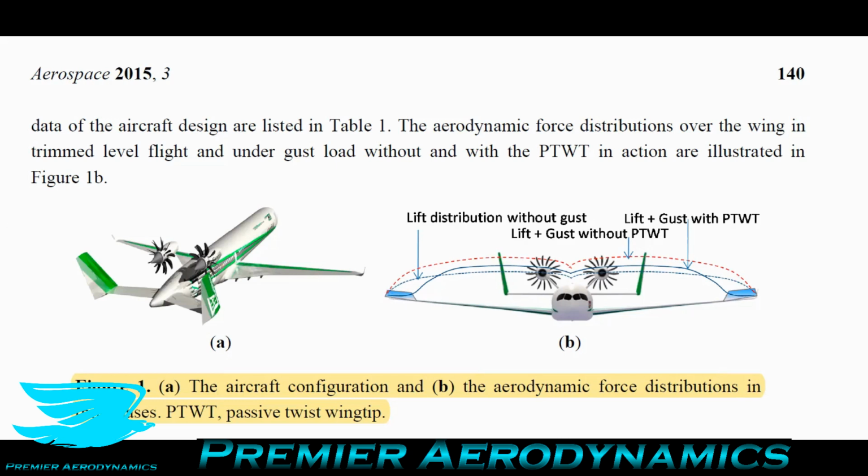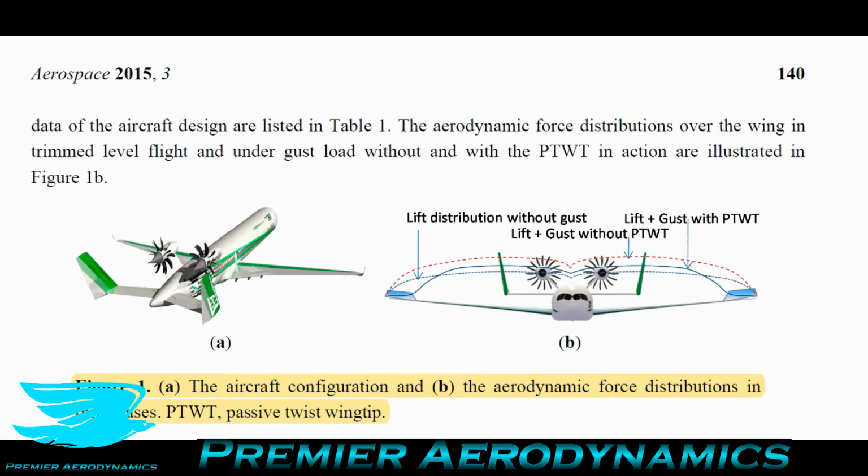And if you aren't aware of what induced drag is, it's drag produced because of the pressure difference between the bottom surface, usually the pressure surface, and the top surface, the suction surface. So air bleeds around the wingtip, and then it creates this vortex. The greater this pressure differential, the stronger this vortex will be, and that's more wasted energy. That's induced drag.